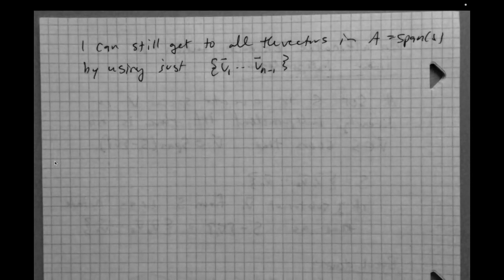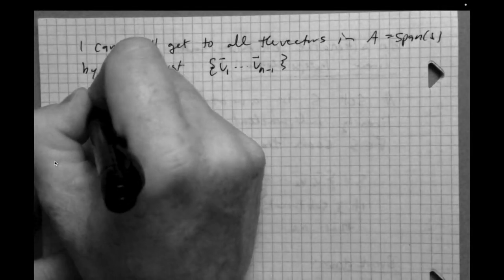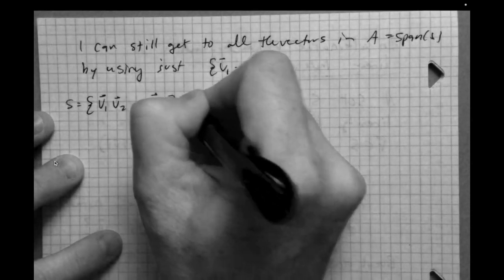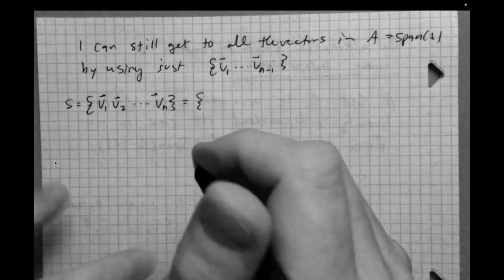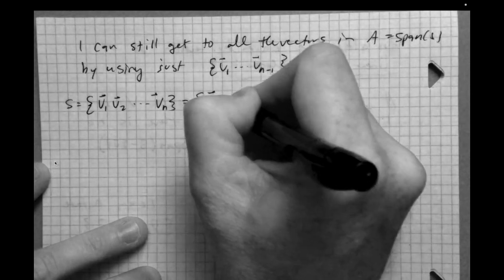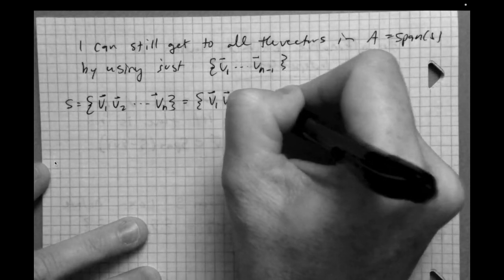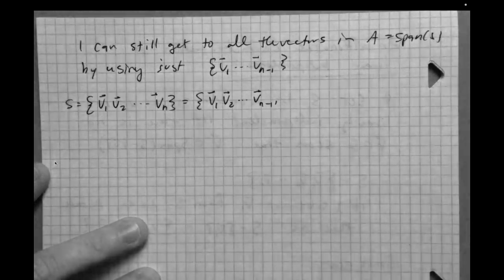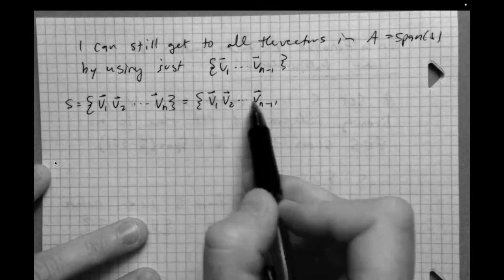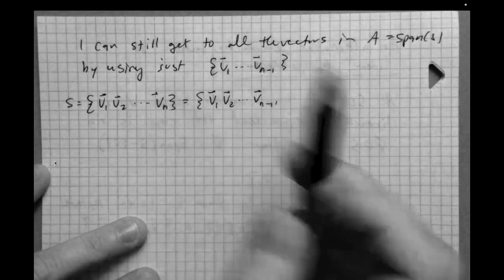Now, one way to visualize this is to think of V1, V2, ... Vn. If I take the original S, it's kind of the same thing as V1, V2, ... Vn minus 1, and then whatever the linear combination of these guys is that gets me Vn.